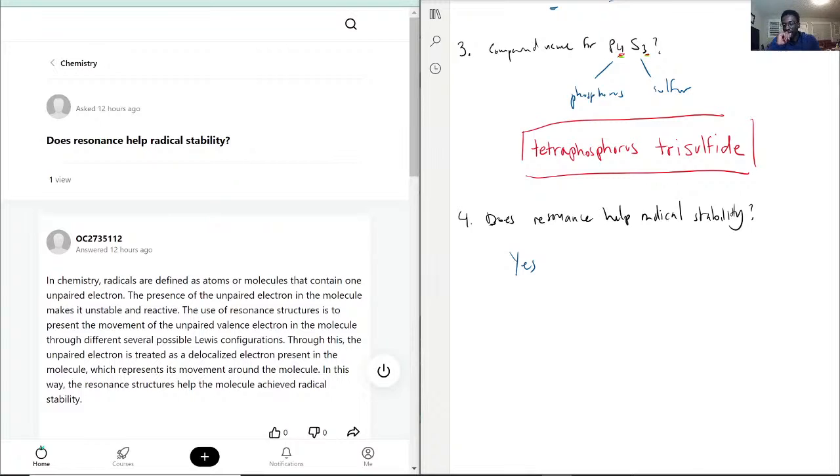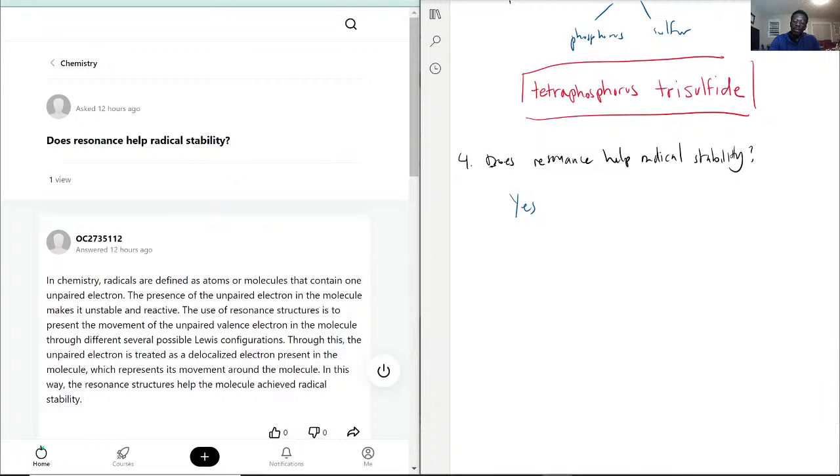Okay, let's think of radical stability. That's a tricky one. I'm trying to think of a good example here. When a carboxylic acid loses its acid, it becomes its conjugate base.